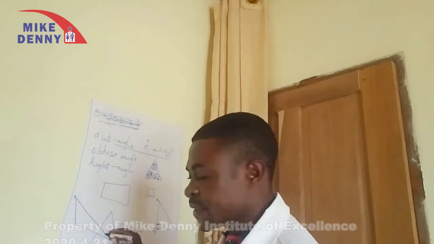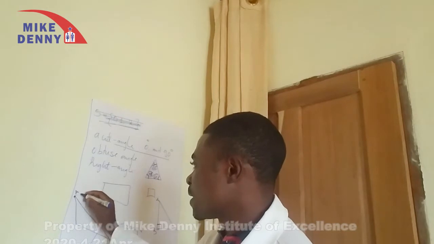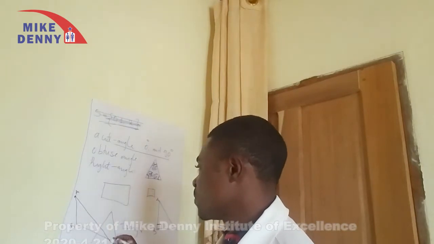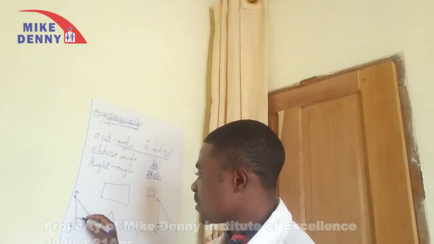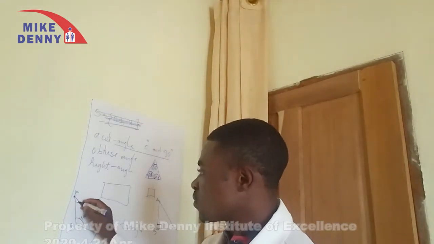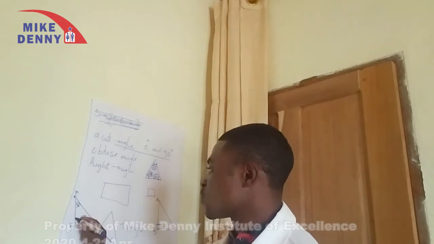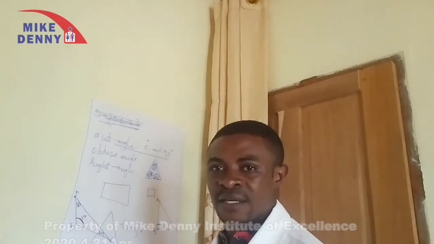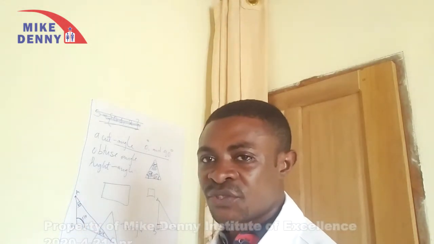Sorry for doing this on a small piece of paper. I'm just doing this, you'll see it in your notes. ABC. We see this angle here is the only one more than 90 degrees. So I can call this angle maybe 110, and then this one can be maybe 30 degrees, and this is 40 degrees. So long as one of the angles here is more than 90 degrees, it forms what we call the obtuse angle triangle.